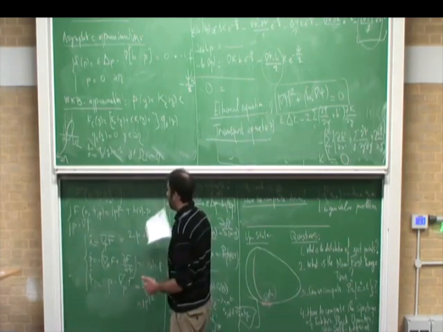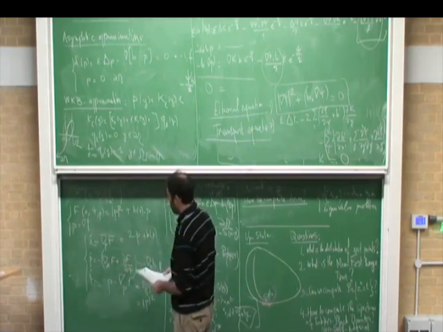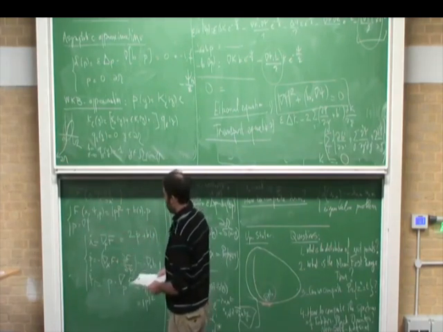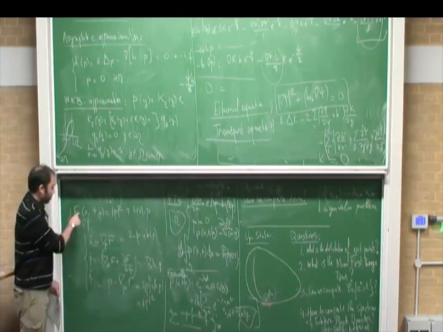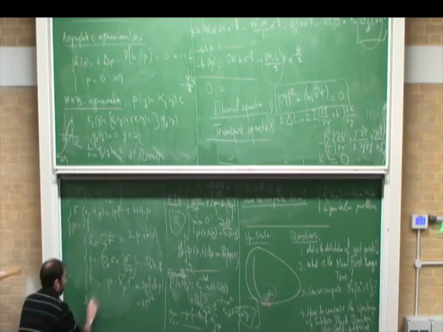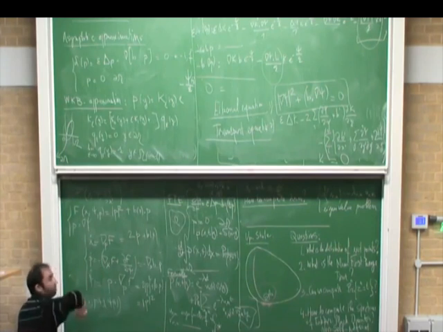If you are along the characteristic, you know that the solution is constant. This is basically what you get. So if you have a solution x of t, p of t, and psi of t, basically you have a dynamical system, you have an initial condition, and you can calculate the trajectory.